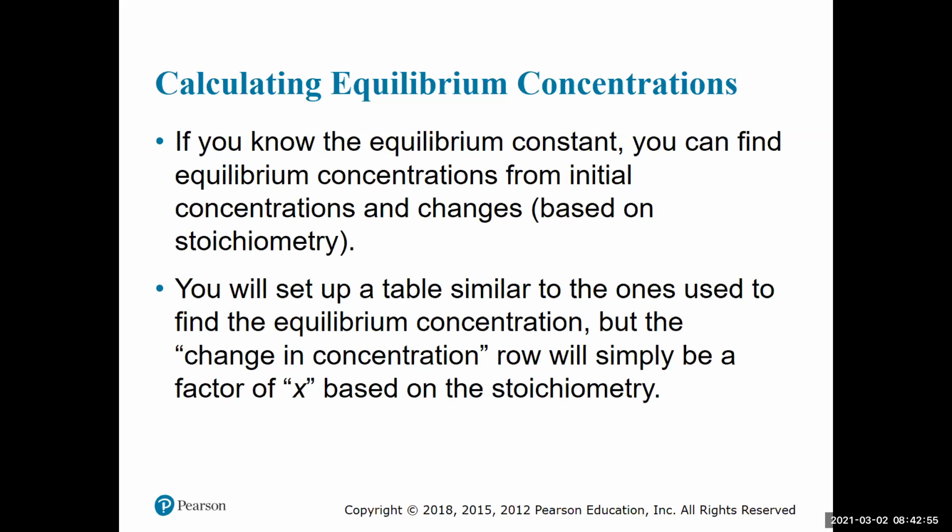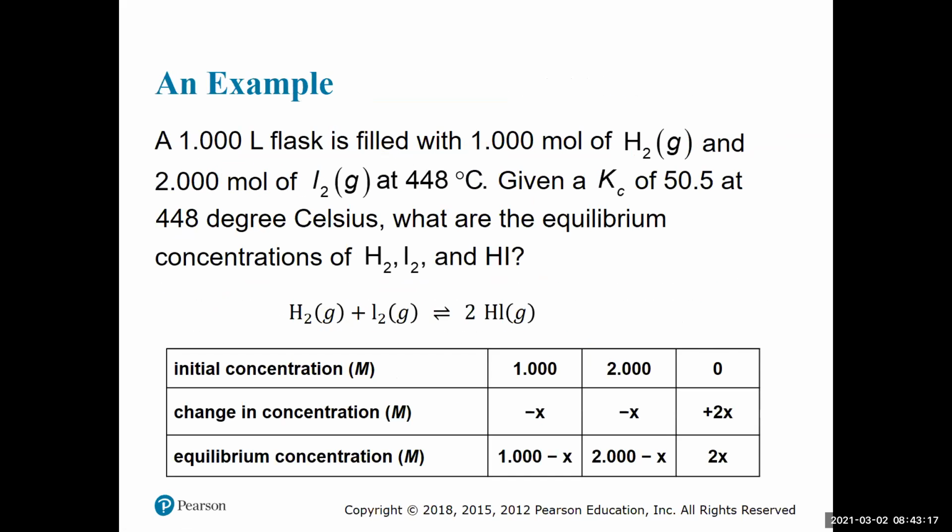For this type of problem, the one change versus what we did last week is that the change in concentration will just be a variable. I said that's going to take a little bit longer to go through, so I wanted to wait till we had the full class period. So that's what we're going to do here to start off, an example where we don't have an actual number for the change in concentration.